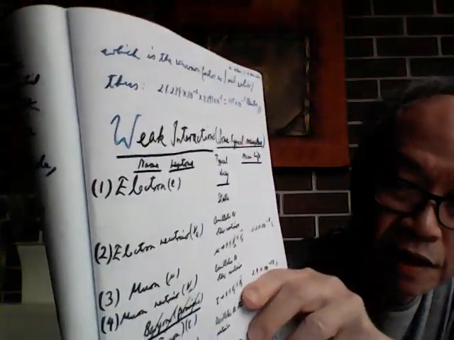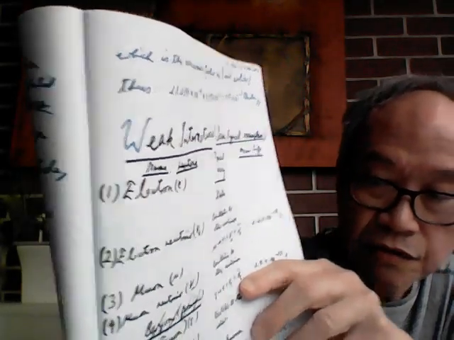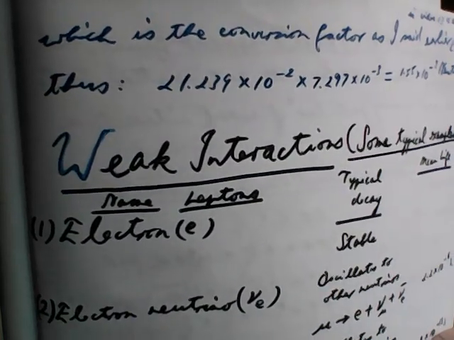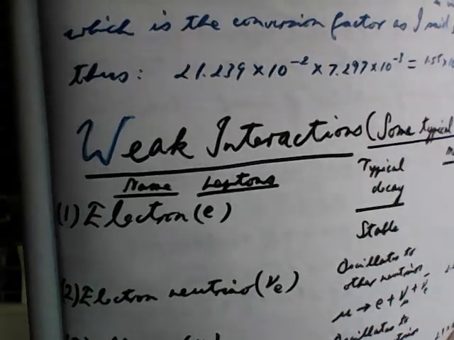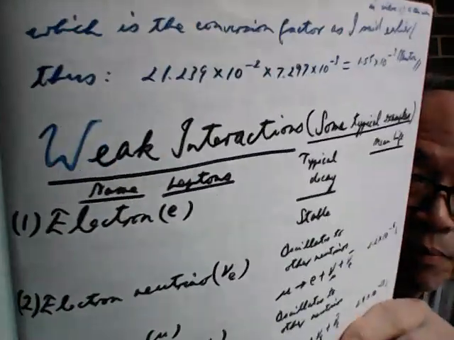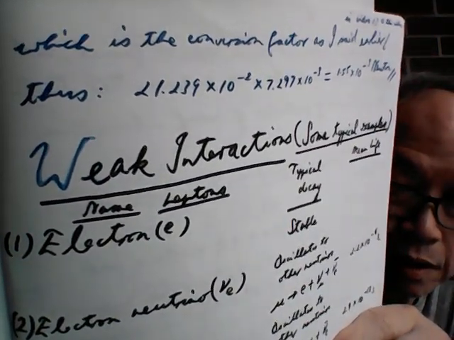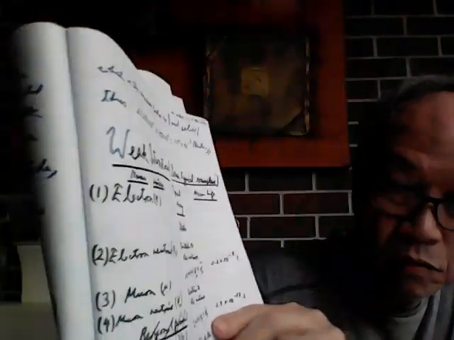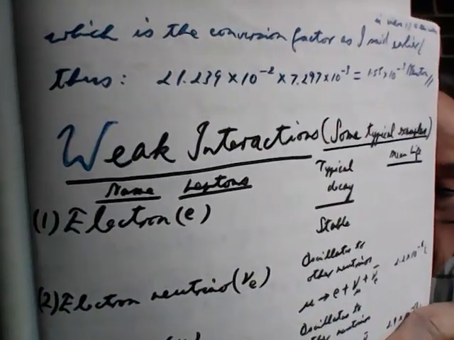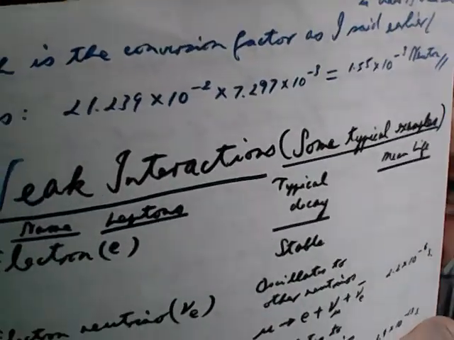And then we have the third, the tau particle. Tau minus typically decays to an electron plus a tau neutrino plus an anti-electron neutrino, and its decay time is 2.9 times 10 to the power minus 13.